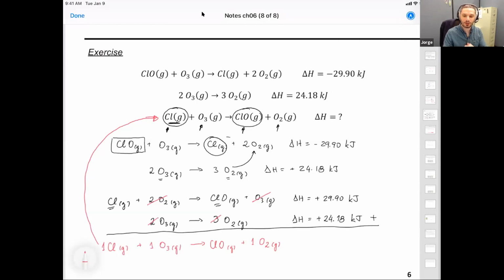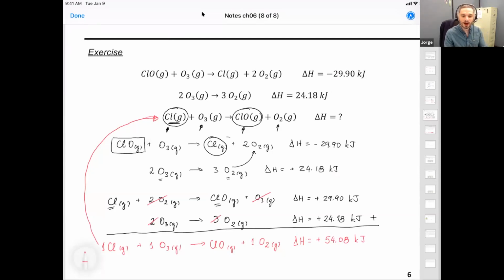It has to match. Therefore, the delta H that we find for the problem equation is going to be plus 29.9 plus 24.18, which gives us a plus of 54.08 kilojoules.